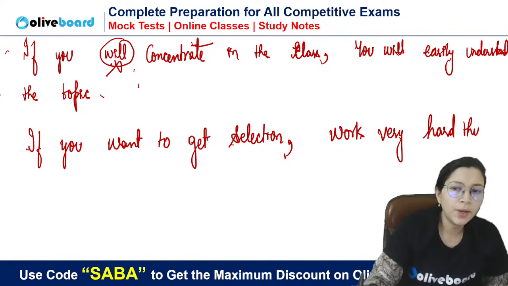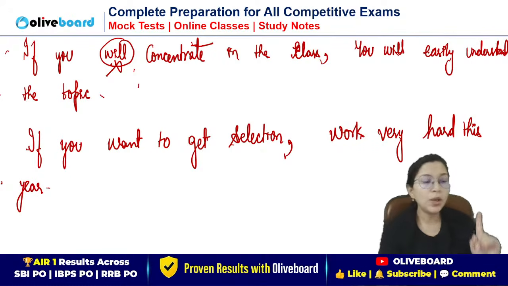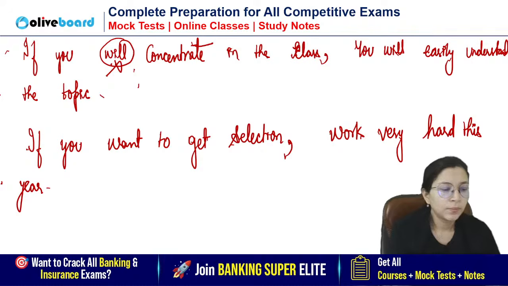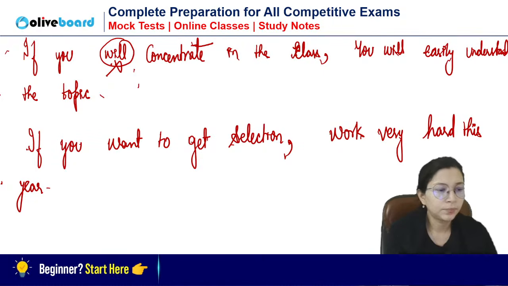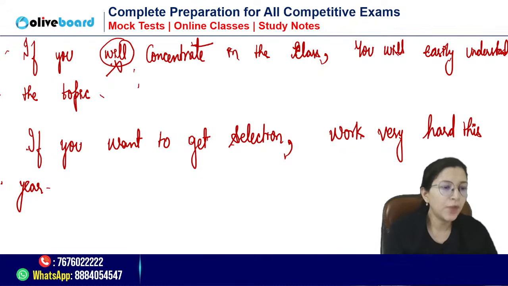Where is the error? Everybody tell me. The rule is one, with multiple ways of asking the questions. The rule is before you. Tell me what is the error here. If you want to get selection, work very hard this year.